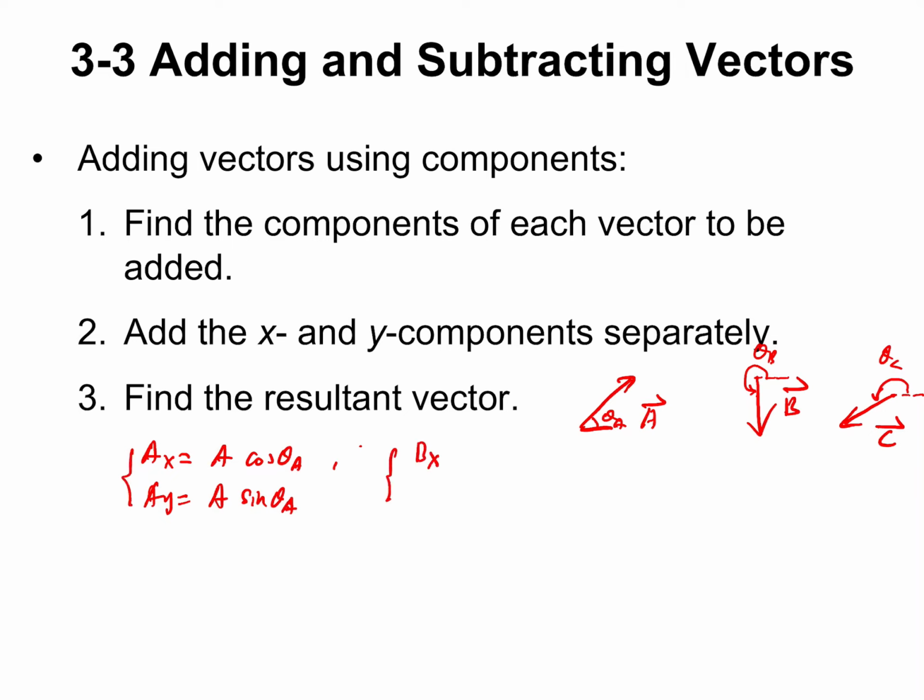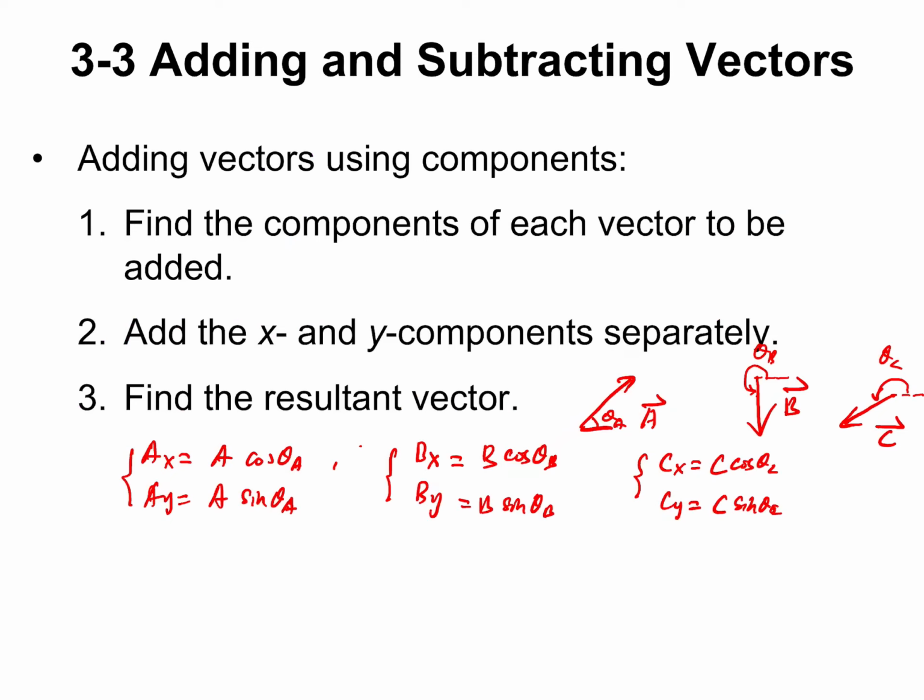For the B vector, Bx equals B cosine theta B, By equals B sine theta B. Same thing here for the C vector: Cx equals C cosine theta C, Cy equals C sine theta C.